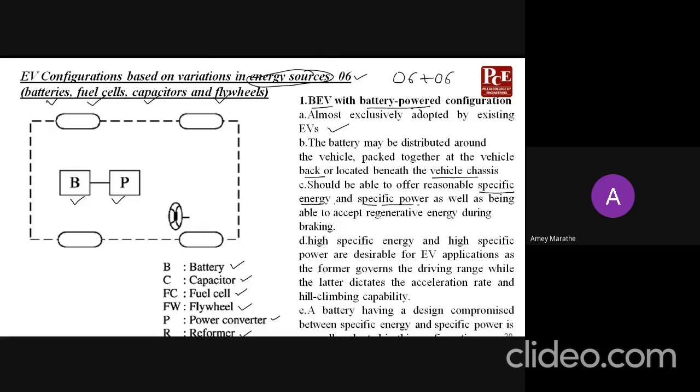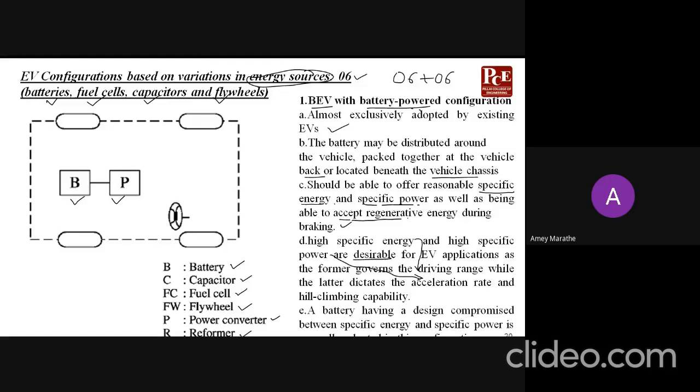It should also be able to accept the regenerative energy during braking. High specific energy and high specific power are desirable for EV applications, as your high specific energy is related to your driving range, whereas your high specific power dictates the acceleration rate and hill climbing capability.